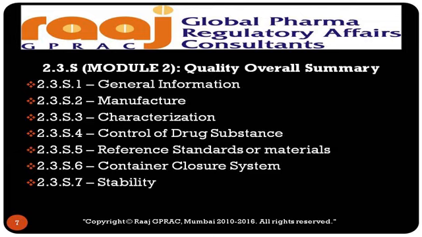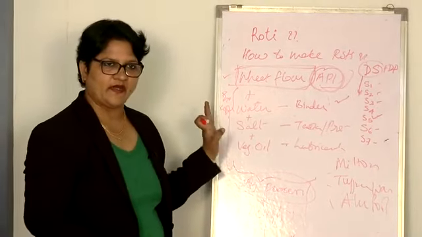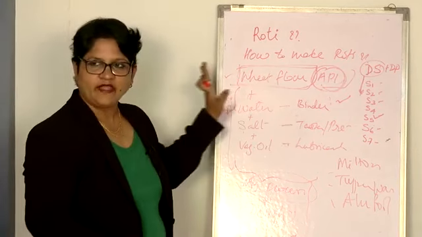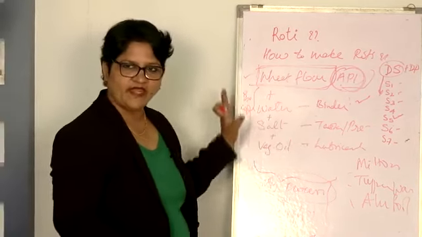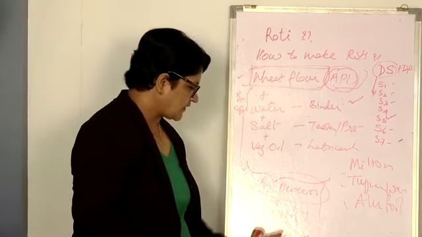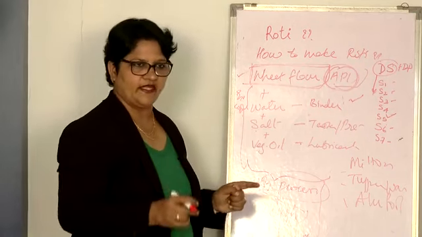Each section we will now discuss by considering the example of this roti, but the basic concept remains the same. The first step is API characterization, then manufacturing, then optimization of process, then in-process control, then the packaging material, and stability, correct.